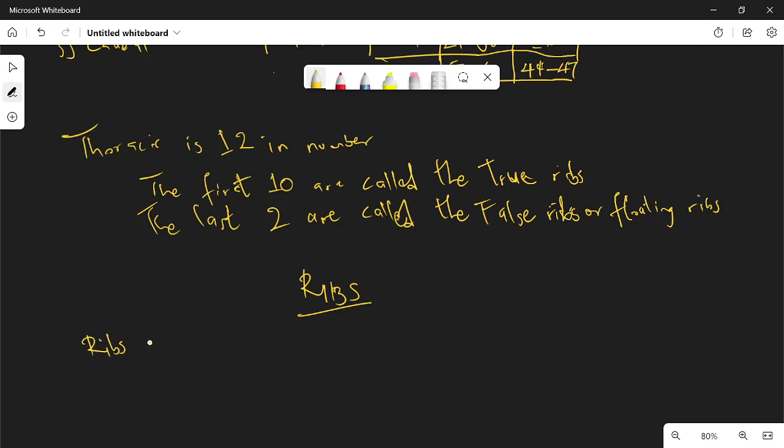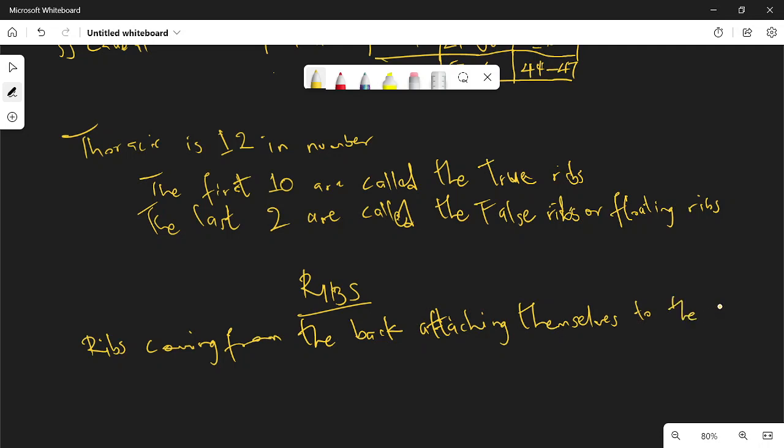The ribs coming from the back and attaching themselves to the sternum form the rib cage.